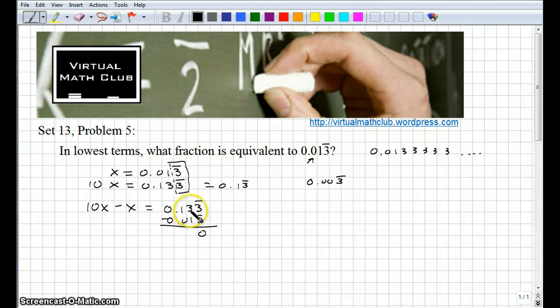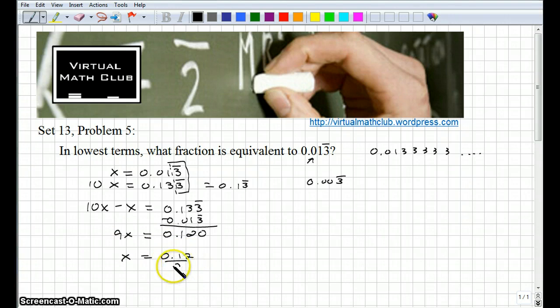And then 3 minus 1 is 2, 0 minus 1 is 1, and then we bring the decimal down. So 10x minus x is equal to 0.12. Alright? And 10x minus x would be 9x, right?